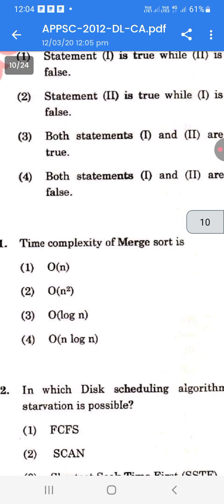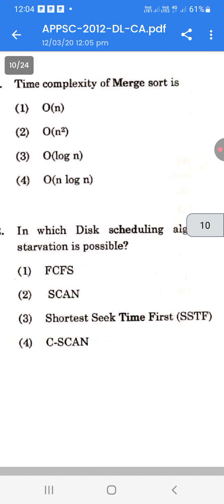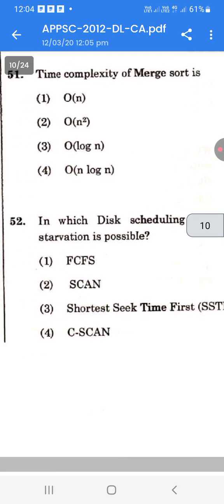Time complexity of merge sort is big O of n log n. In which disk scheduling algorithm is starvation possible?